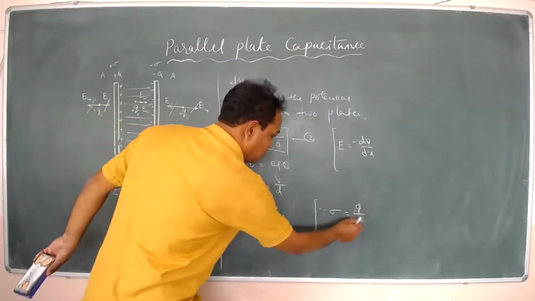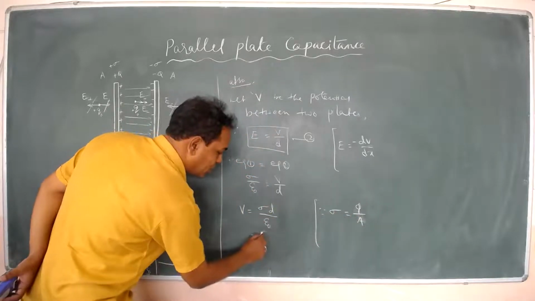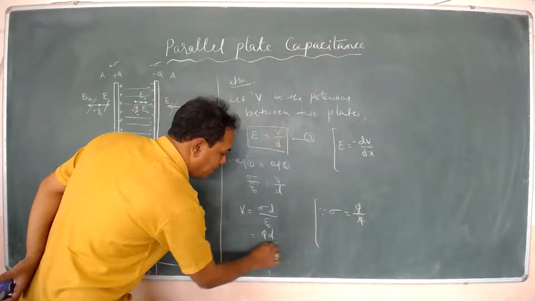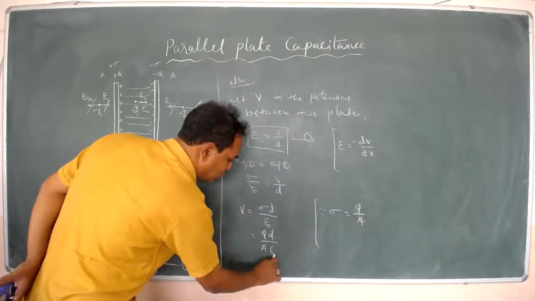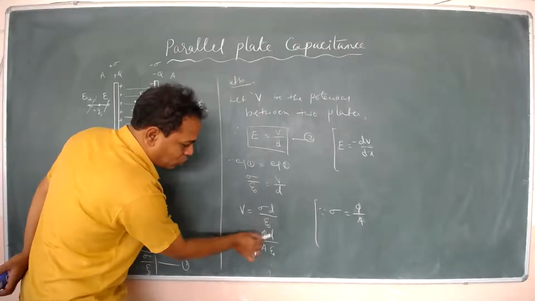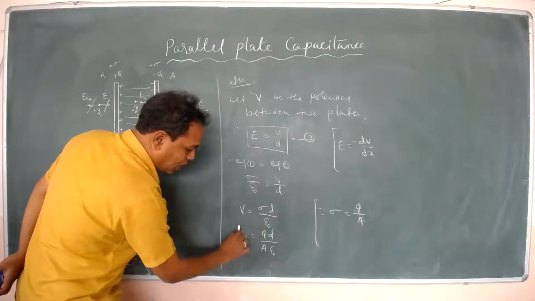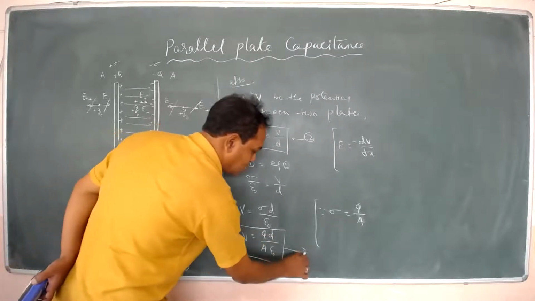Therefore, I will substitute this value here. Instead of sigma, I write Q by A, so V is equal to Q D by A epsilon naught. This is the electric potential expression. Say this as equation 3.